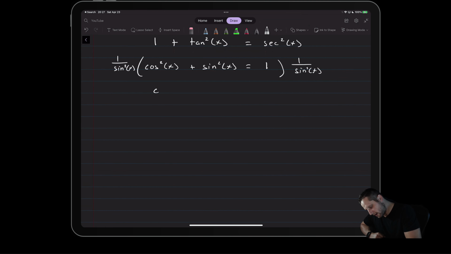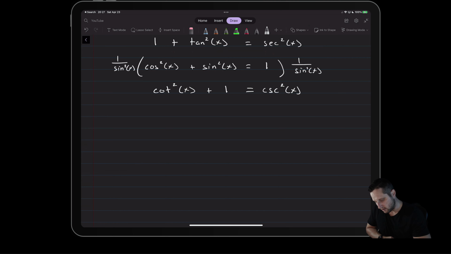So you're left with a cotangent squared of x plus 1 is equal to 1 over sine squared of x, but 1 over sine is just cosecant, right? So that means this 1 over sine squared of x is going to be cosecant squared of x. And then again, if you want just cotangent, you just subtract 1 from both sides, and you're left with cosecant squared minus 1.